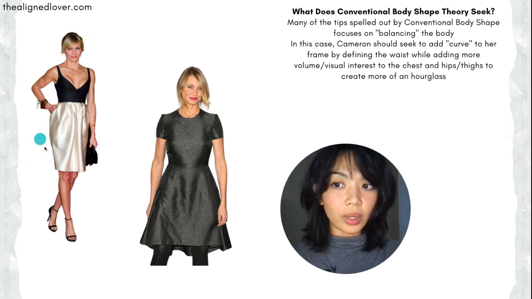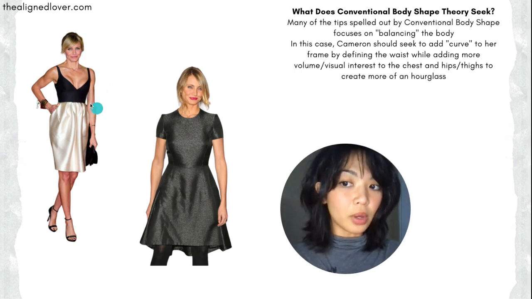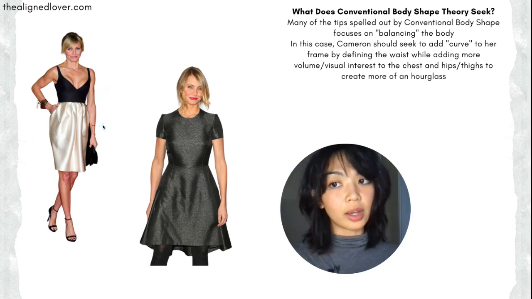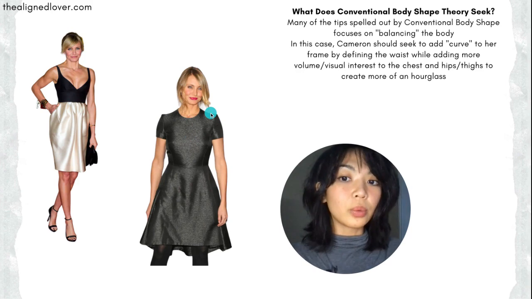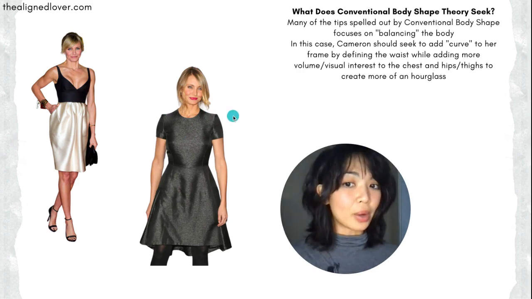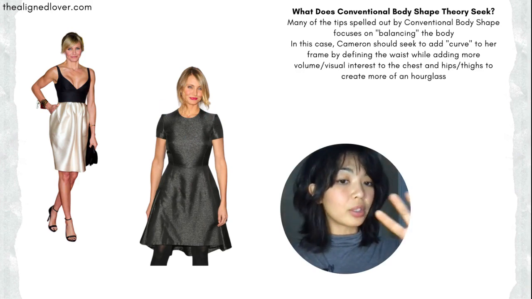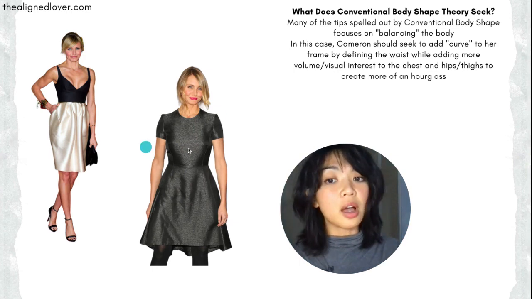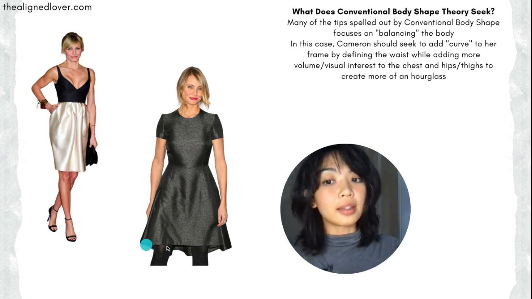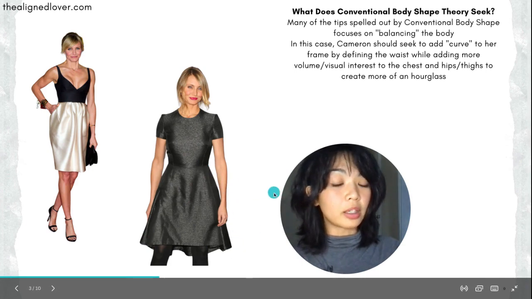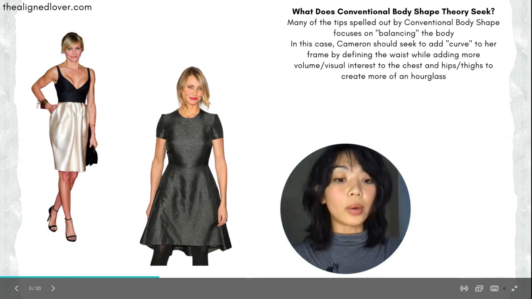The cinching at the waist and the volume below the waist also is trying to create that hourglass shape. And here on this side, we are seeing a lot of round shapes trying to create some more softness on the upper body, a forced kind of waist, and again, more volume on the lower body to create more of that hourglass shape.